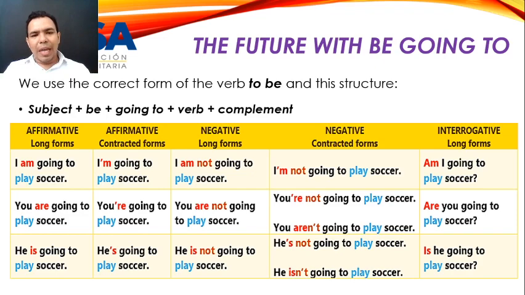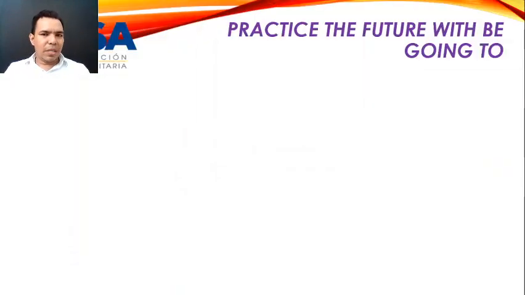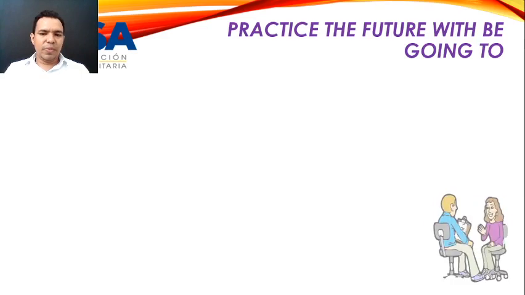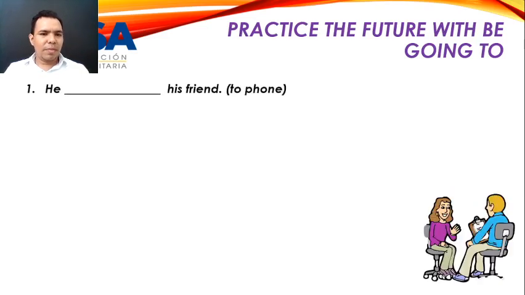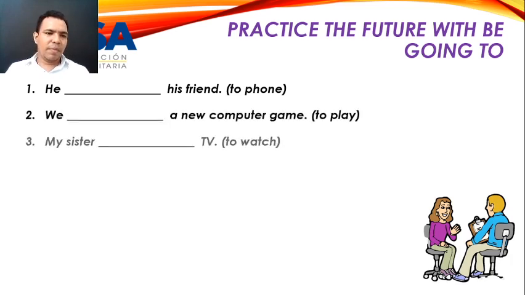Based on this chart, I need you to complete these future tenses with be going to. Number one, as in the previous exercise, I'm going to figure out the first exercises so you can complete the others. Number one, he: he am, he are, or he is?